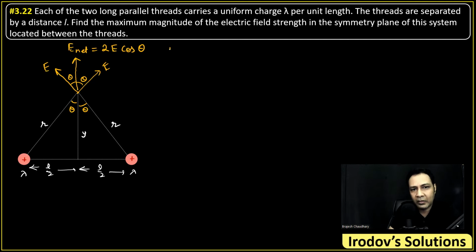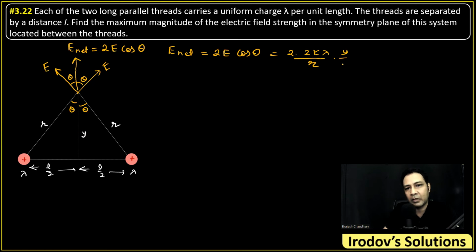So E net is equal to 2E cos theta. Because of one wire, E is 2k lambda divided by r, where r is the distance from the wire to that point on the line. And cos theta, from the diagram, is y by r.